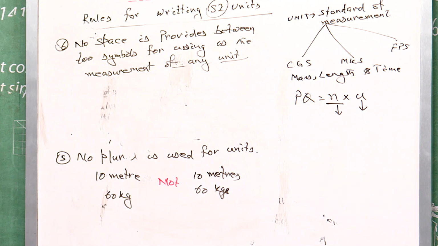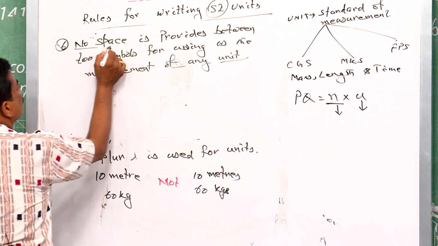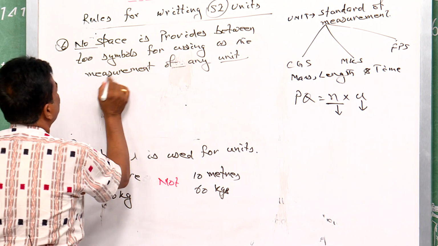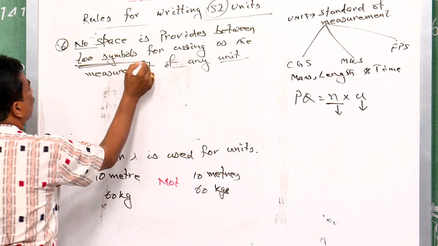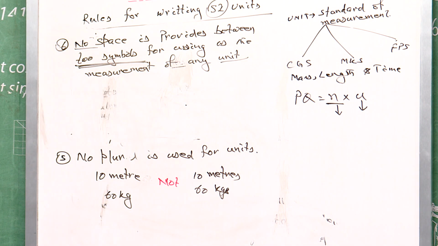For the measurement of any unit, no space is to be provided between the two symbols. Between the two symbols, these underlined words are the most important.